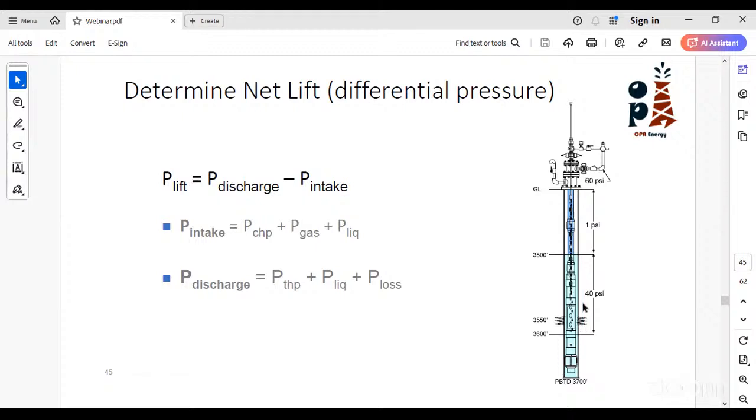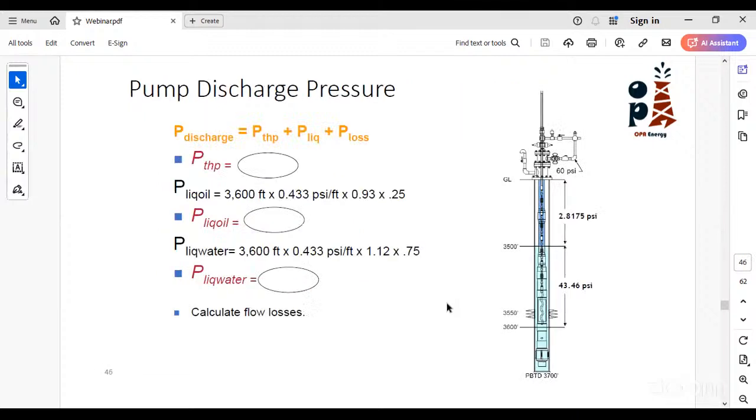Then for the fluid level, depending on the water cut of 75% and oil cut of 25%, you can get an average density for this mixture, and then from it you can calculate how the hydrostatic head looks. From our calculations, the hydrostatic head from 3,500 feet to the pump depth is around 40 psi. So the total pump intake pressure is around 101 psi.